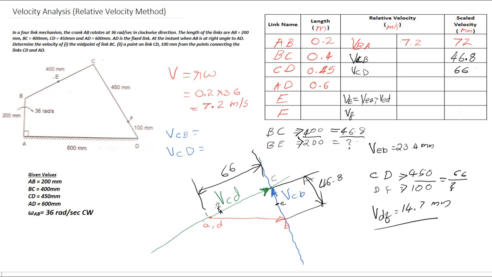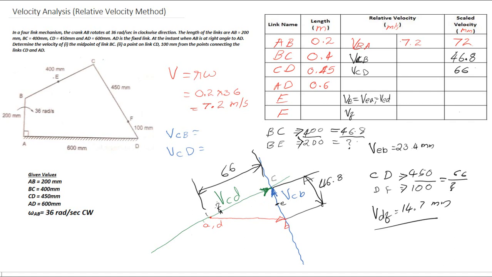Here the question is the velocity of the point E. That is the absolute velocity, VE. So VE will be equal to VEA, where A is the grounded point, and D also is a grounded point. So it can also be written as VEA, which is also equal to VED. You have to measure the value of VEA from this velocity diagram.